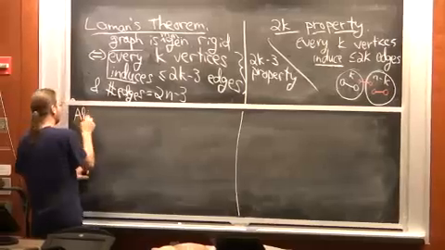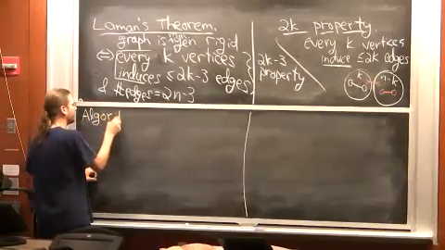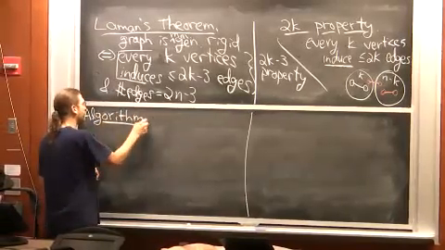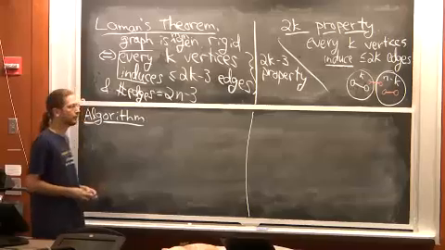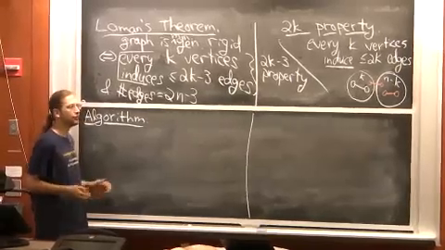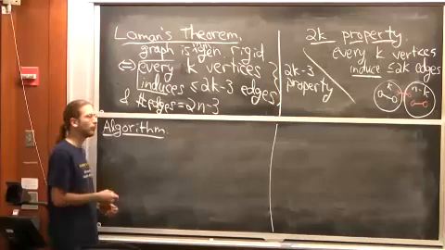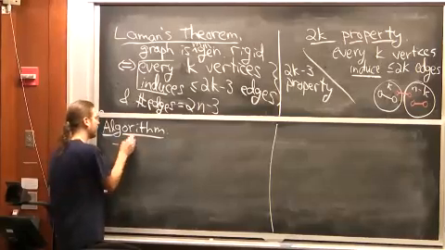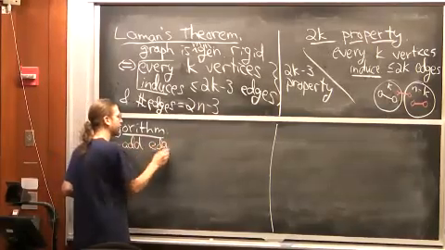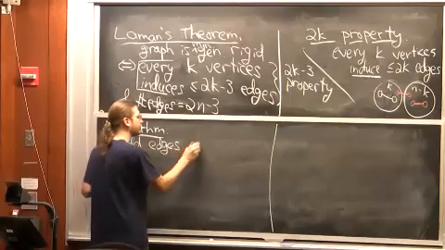Meanwhile, we have an algorithm. This algorithm is an example of what we call an incremental style algorithm, where you imagine starting with the empty graph, and then you put in all the edges that belong one at a time. So add edges one at a time, starting from nothing.